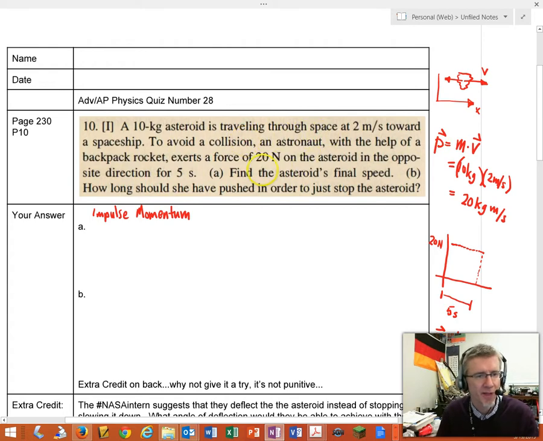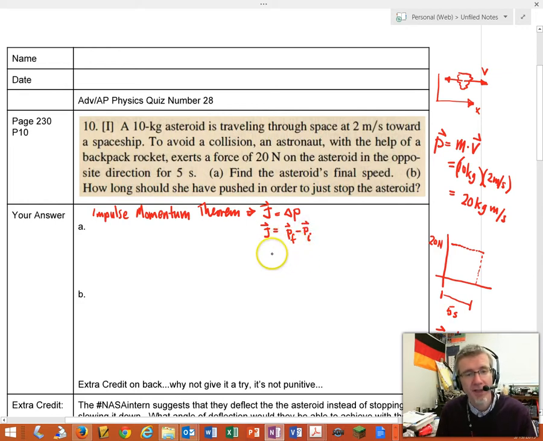The impulse momentum theorem says J equals the change in momentum. Final momentum, J equals final momentum minus initial momentum. J plus initial momentum equals final momentum.